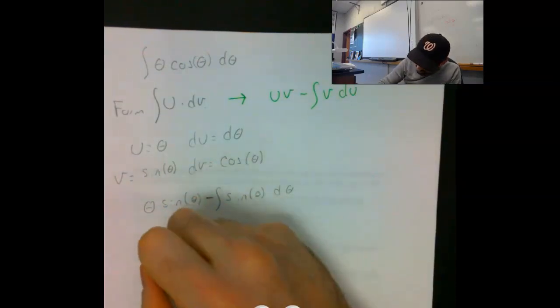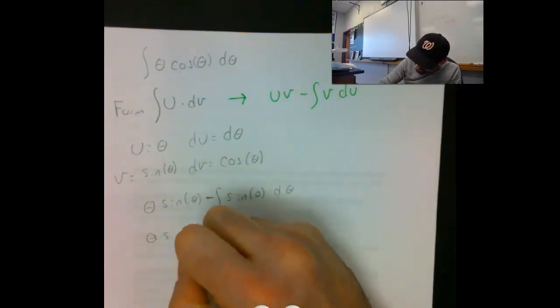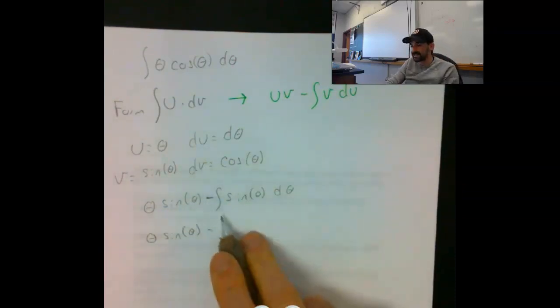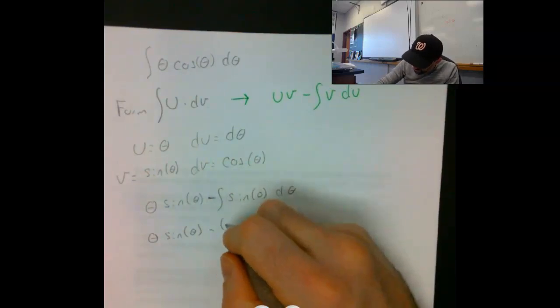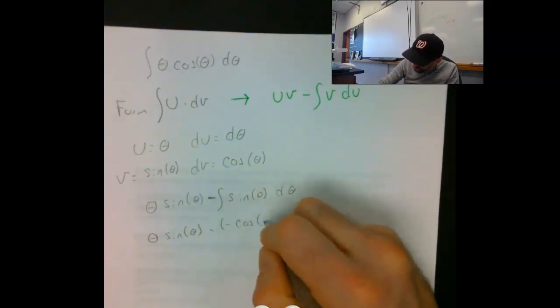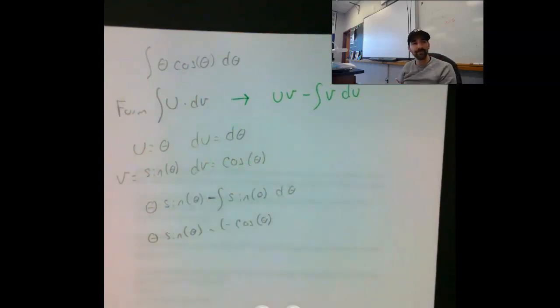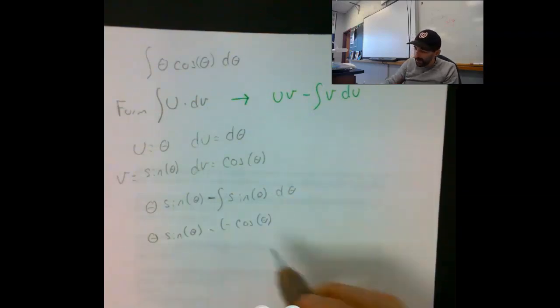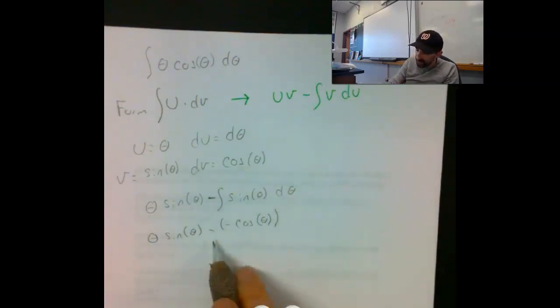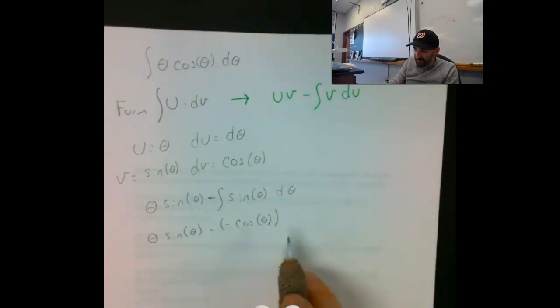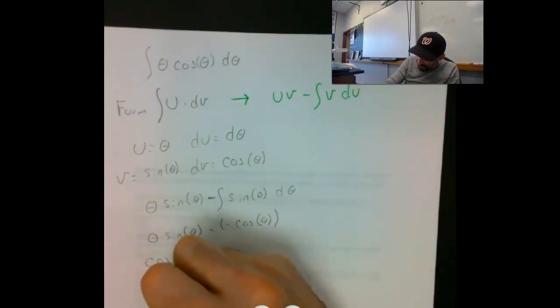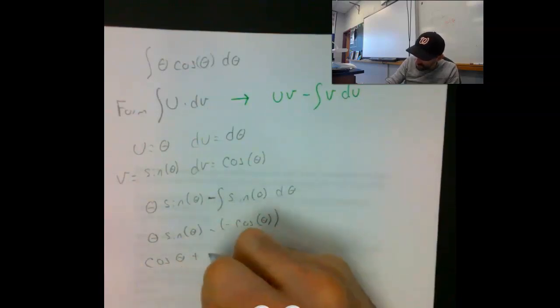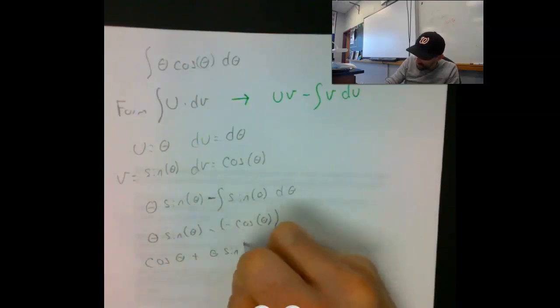Okay, so I'm left with theta sine theta minus the antiderivative of sine theta, which is negative cosine theta. Negative times negative is a positive. I'm going to flip those around, so I'm left with cosine theta plus theta sine theta.